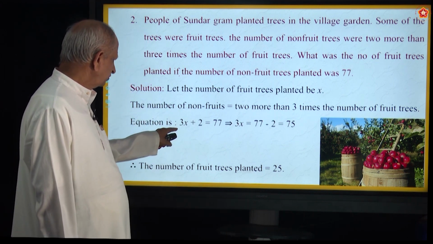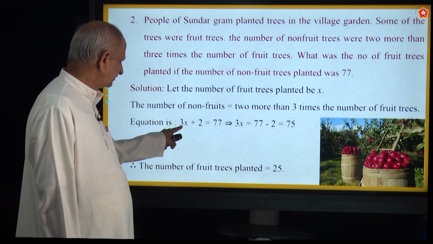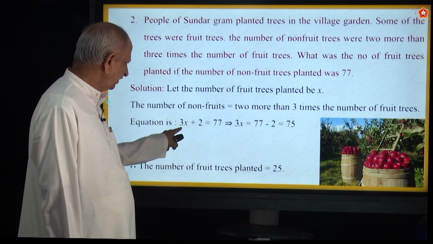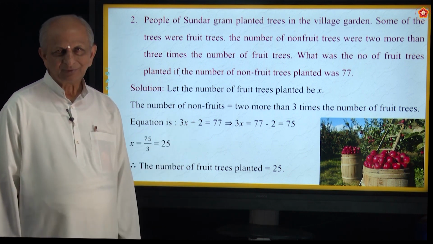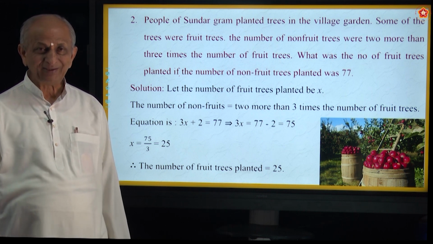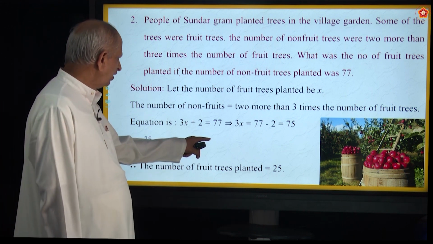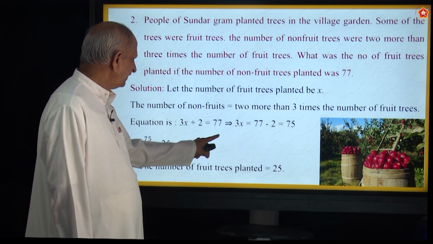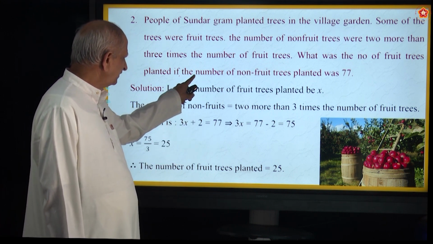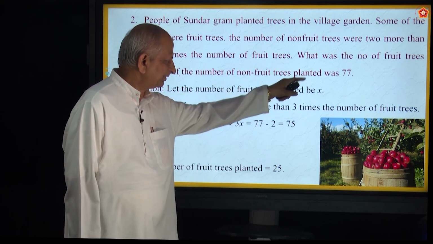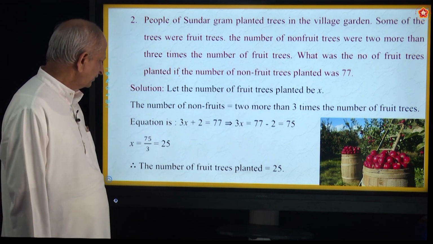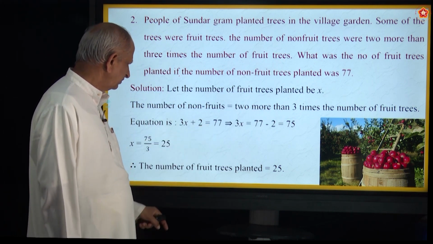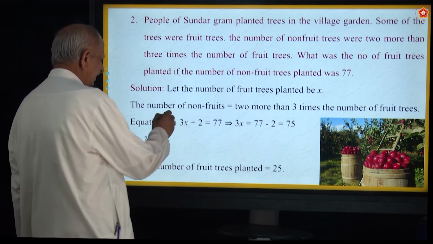So 3 times means 3x, 2 more, 3x plus 2. Understood? 3x plus 2 is equal to 77. You are given that the number of non-fruit trees was 77. So it is equal to 77. So plus 2 bring to the right hand side.